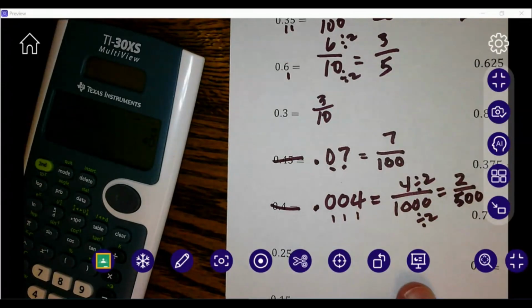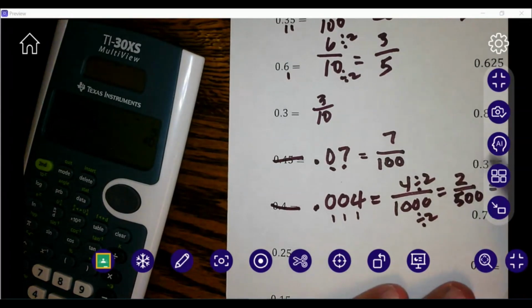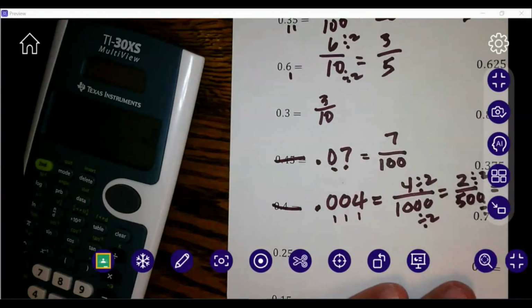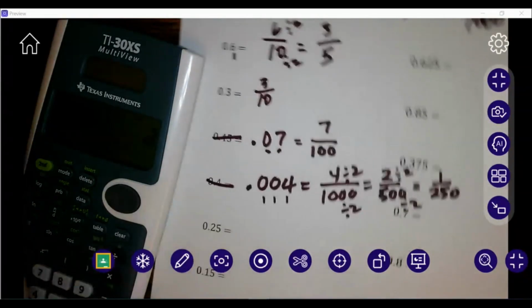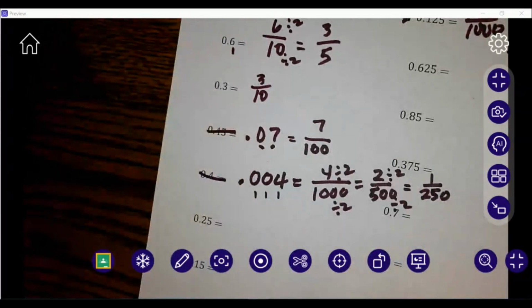But that can reduce even further. 2 over 500, we're not done. We can divide the top by 2 and the bottom by 2. 2 divided by 2 is 1, and 500 divided by 2 is 250. So the final reduced fraction is 1/250.